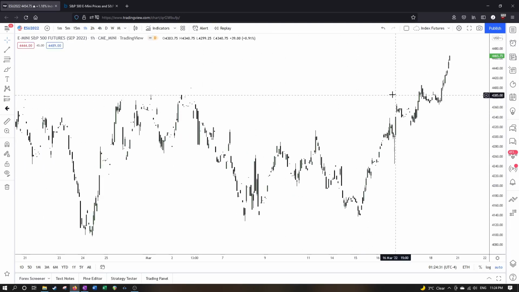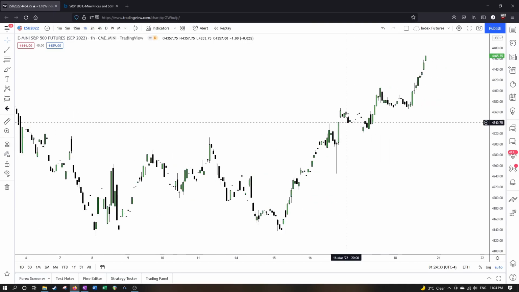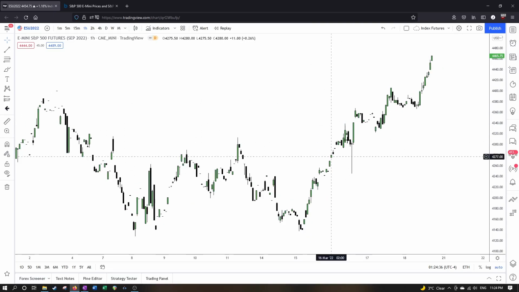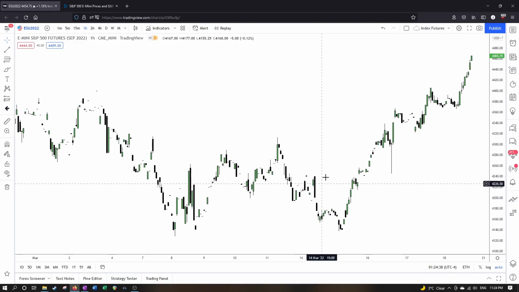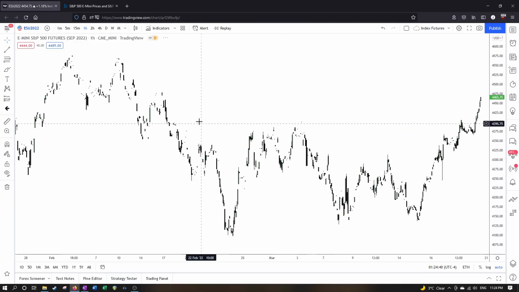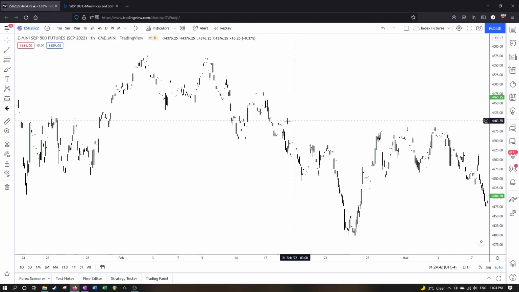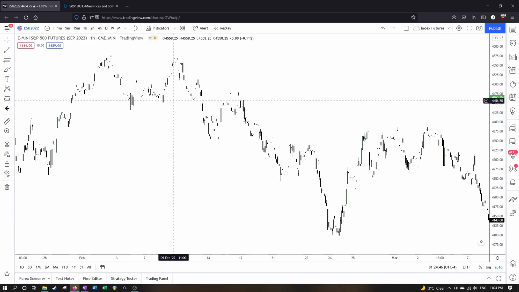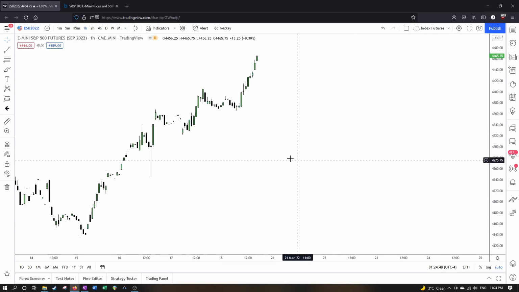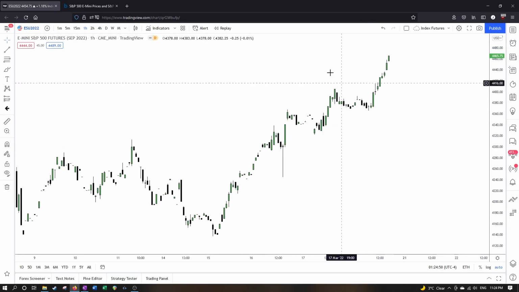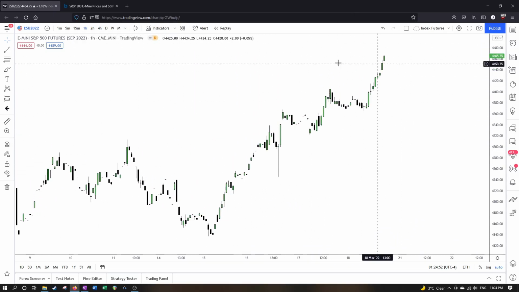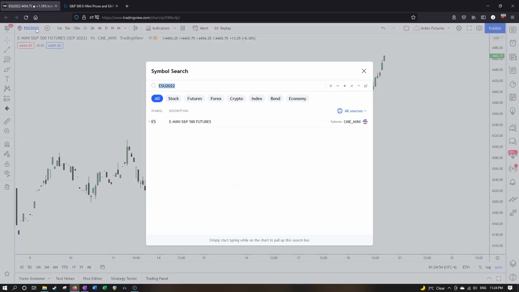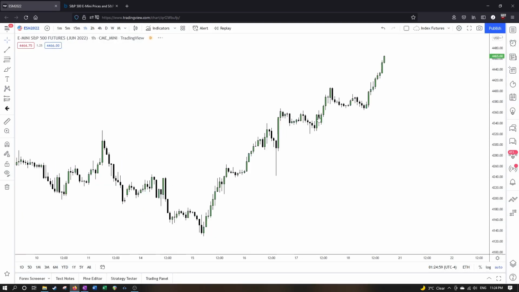Okay, so you see how the price action here is a lot choppier, right? It's not as smooth. It's very choppy. And the farther back you go, the more spaced out each one of these candles are. You can't really utilize this at all, right? So let's compare this. The reason why it's so choppy is because there's not nearly the amount of open interest that our current contract has.